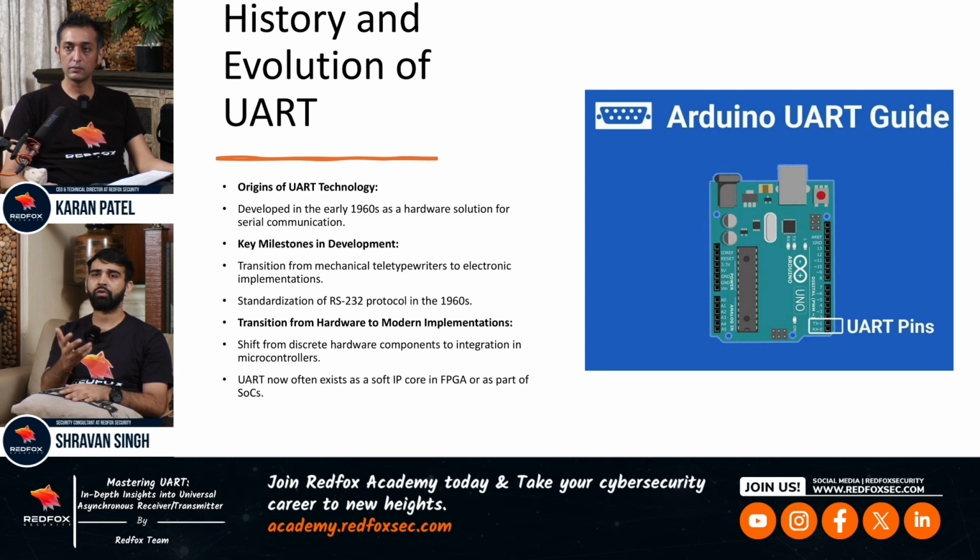We use UART for transmitting data and also to check whether the device is working correctly. Because of that, UART came into the picture, with more convenience to use, and that's why we are using it in modern technology also.